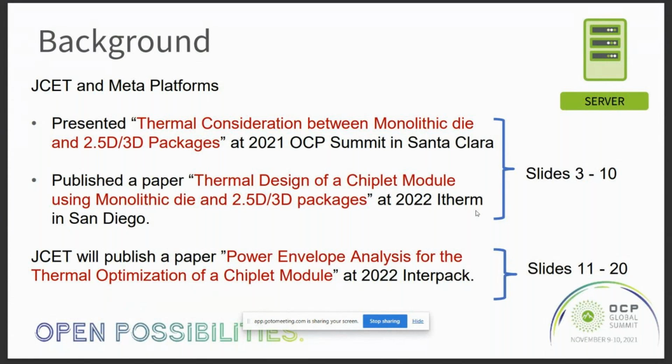So my presentation today, the first part will be based on the presentation and the paper. And later this year, I'm going to present another paper at InterPACK. And from slide 11 to 20, I will also share a little bit of this paper.